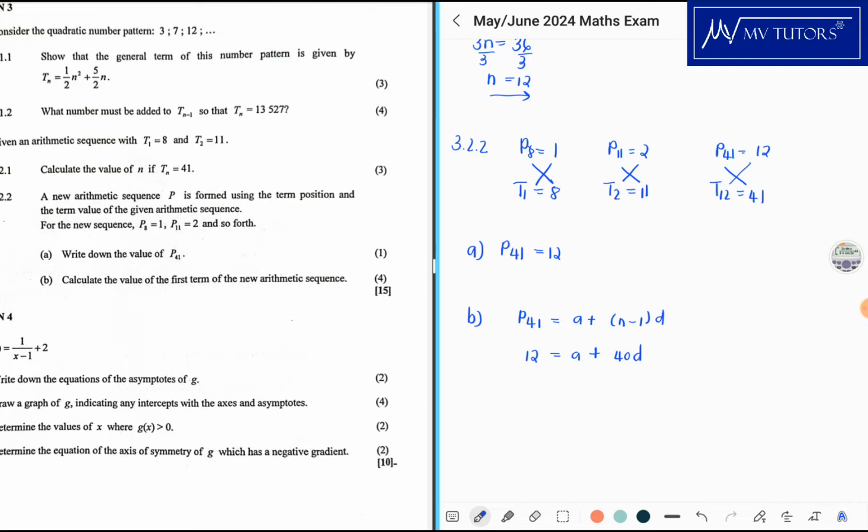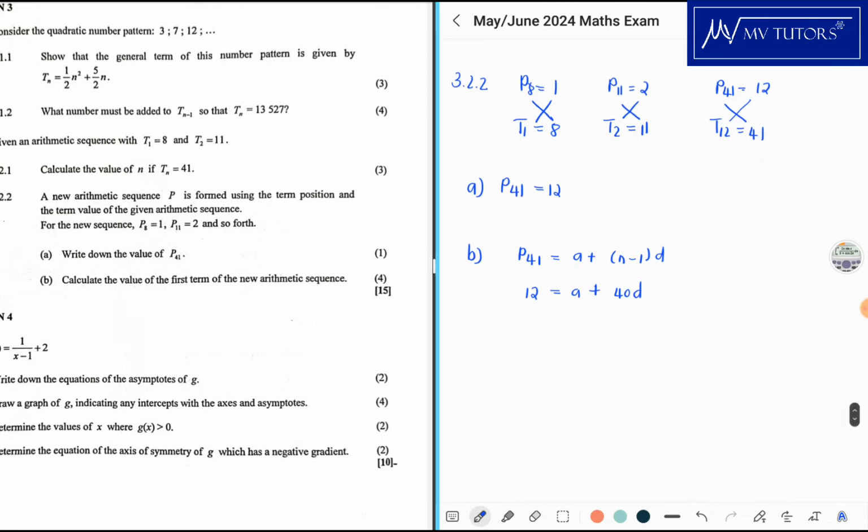I need to get another one, and I can use P8 is equal to 1. For argument's sake, I could have used P11 is equal to 2, it doesn't matter. So P8 is 1, and n is 8 minus 1, which is 7. So I have 7d. So I have my second equation.